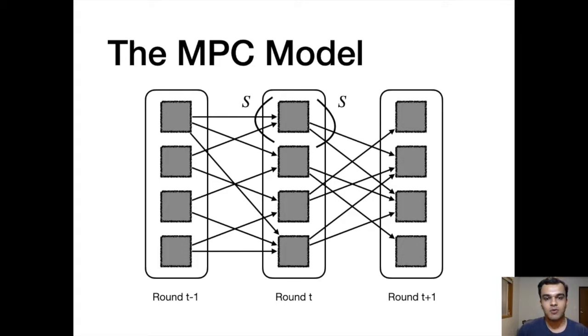That is, the number of messages received at any round at a particular machine is restricted to be S words, and the number of messages that it can send in any round is restricted to be S words for every machine. Notice that a single machine can send all of its S words to another single machine, provided that all of these local constraints at each machine are satisfied in each round.